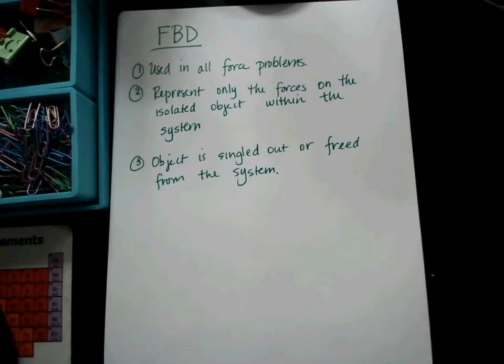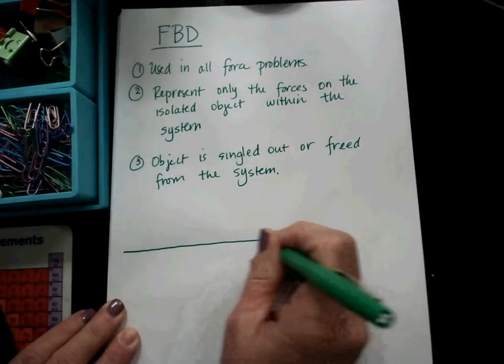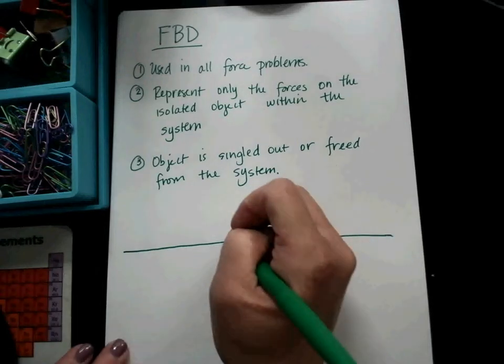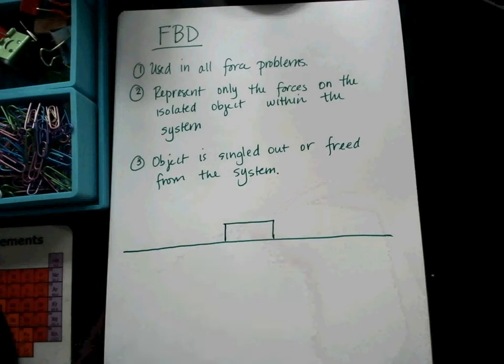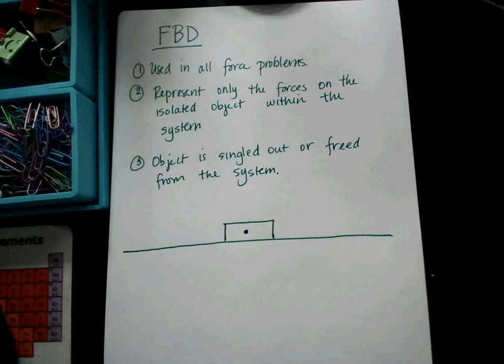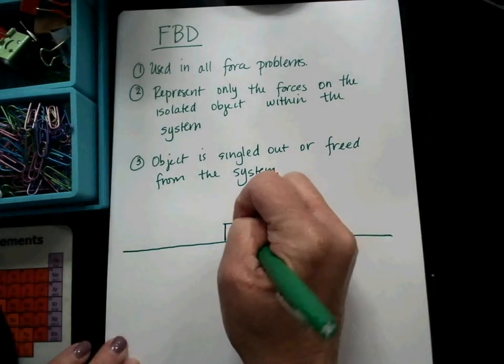So if I were to represent that, I would show my table on which the book is resting, but then I would only show the book. And in most cases, I would show my point, called a point mass, in the center. Maybe I need to make it a little bit bigger so it's more in the center.